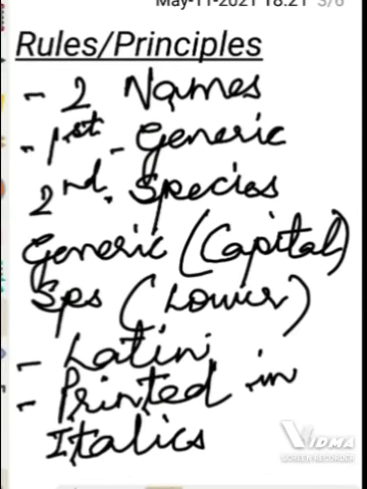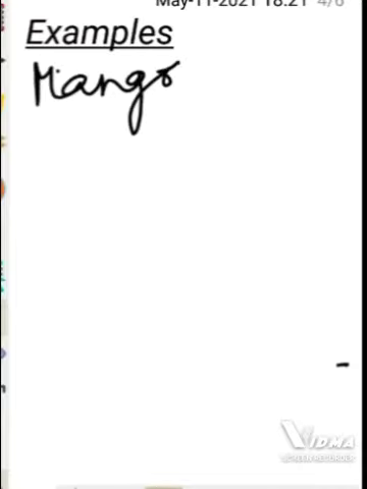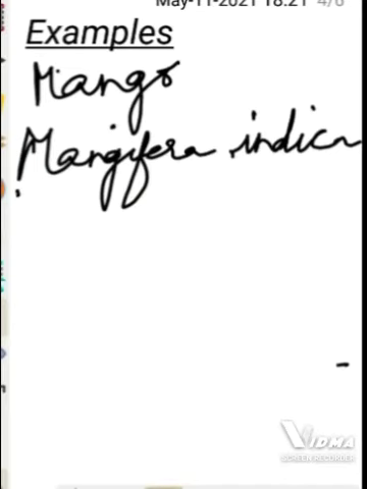Now let's take some examples to understand it. For example, for mango, the botanical name is Mangifera indica. Mangifera is the name of the genus, so I've started with a capital letter and underlined it. Indica is the name of the species, started with a small i, underlined.